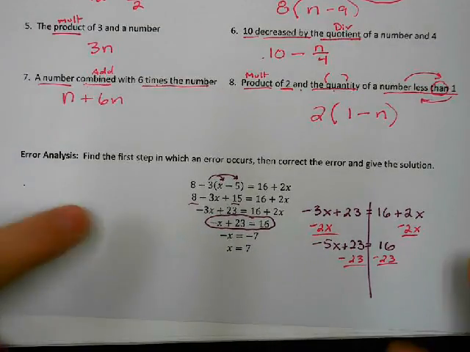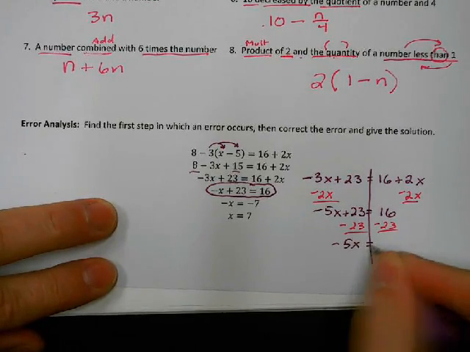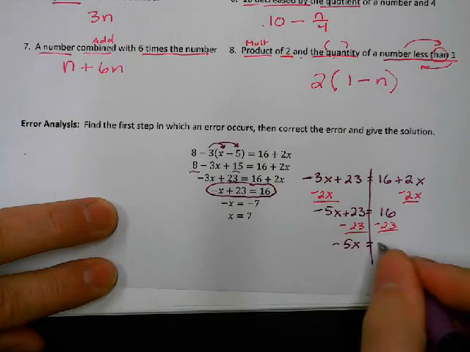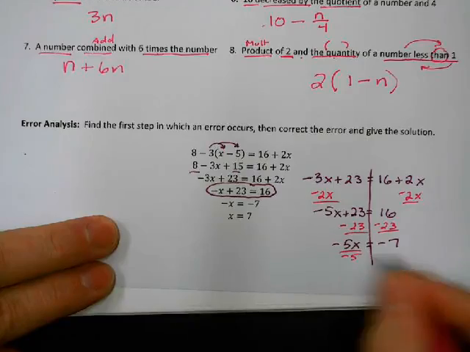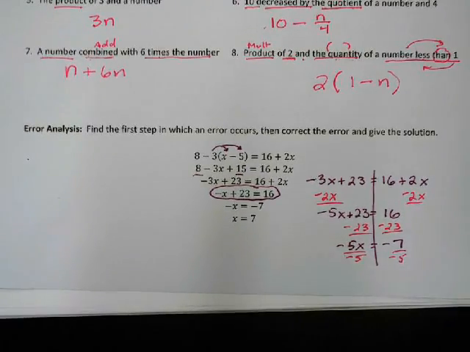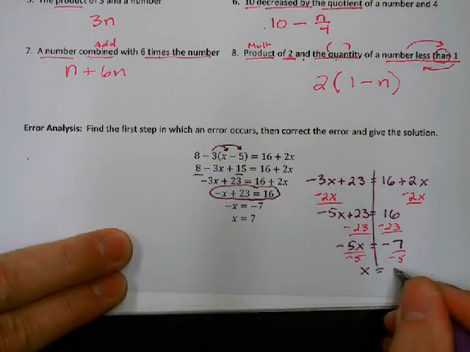That gives us -5x equals -7. And then we would divide by -5 on both sides. A negative divided by a negative is a positive. 5 doesn't go into 7, and those don't reduce. So the answer should have been 7/5.